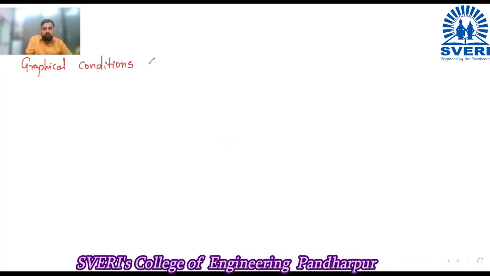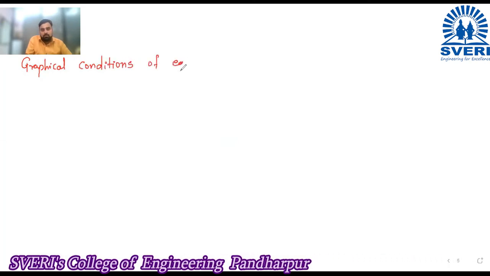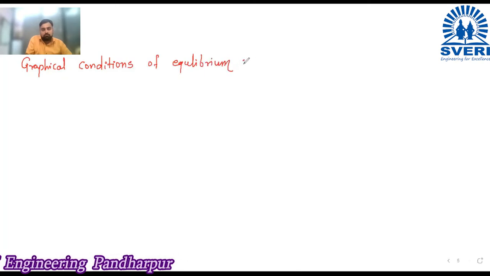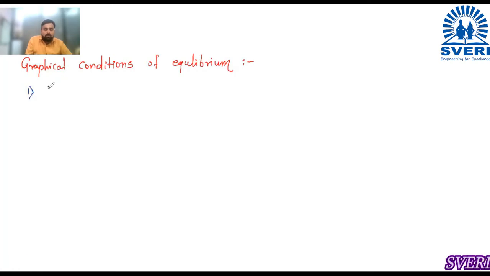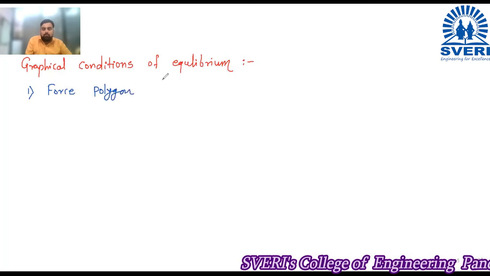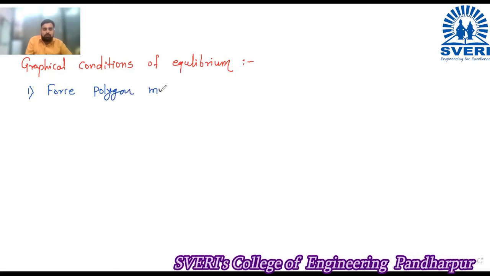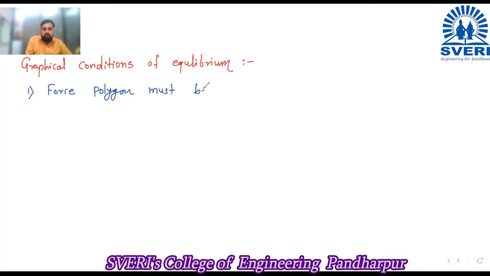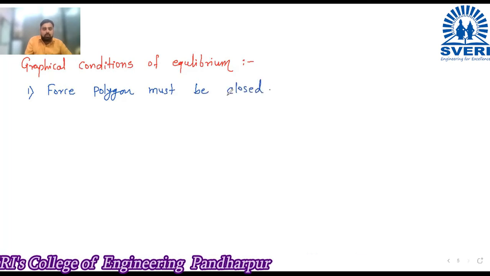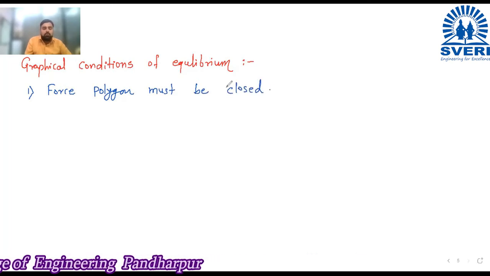So the graphical conditions of equilibrium are: number 1, the force polygon must be closed.